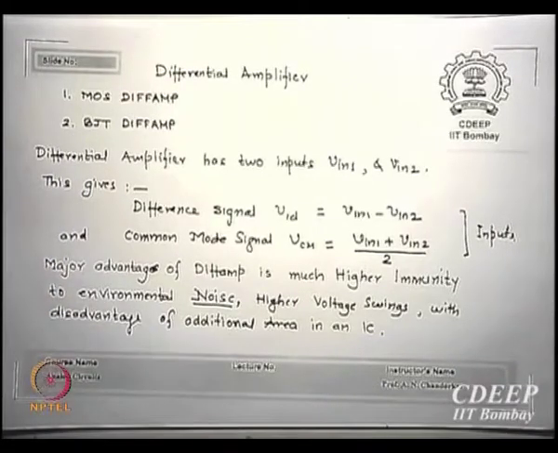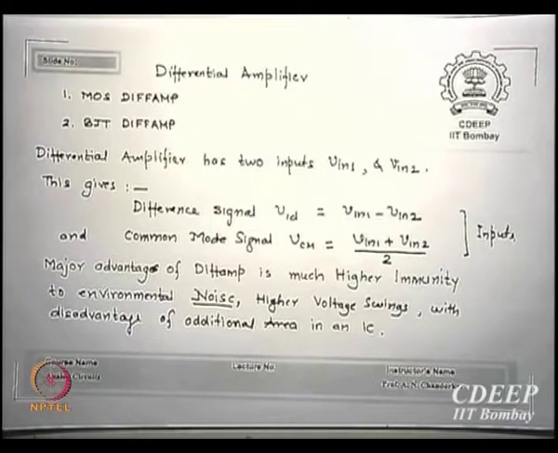All differential amplifiers have 2 inputs, V in 1 and V in 2. Then we define two signals for any differential amplifier. One we call the difference signal, which is called VID.